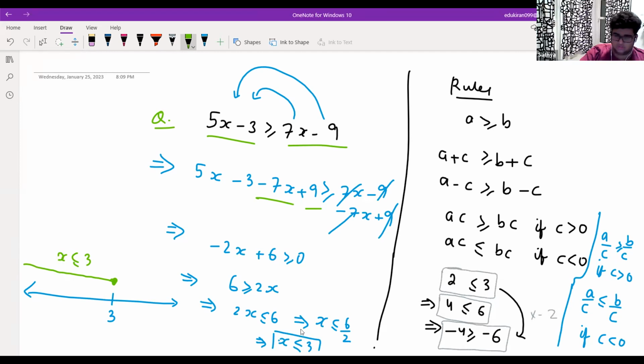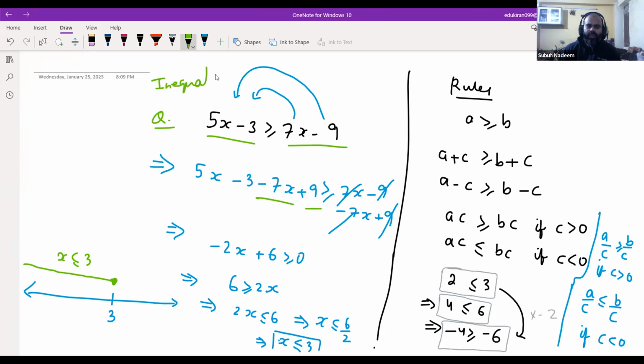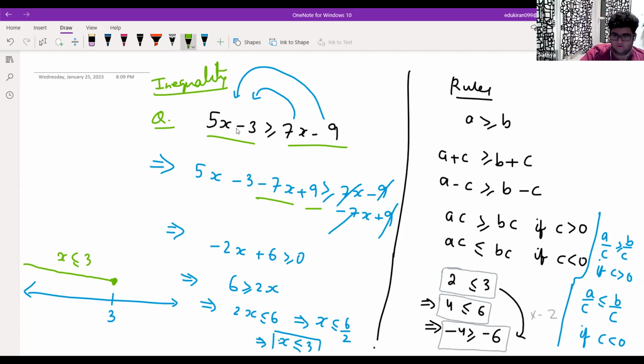So is it like equal to? Yeah, it is like equal to here. But it is called inequality, not greater than or less than equal. Like we say, 5 is greater than 2, something like this.